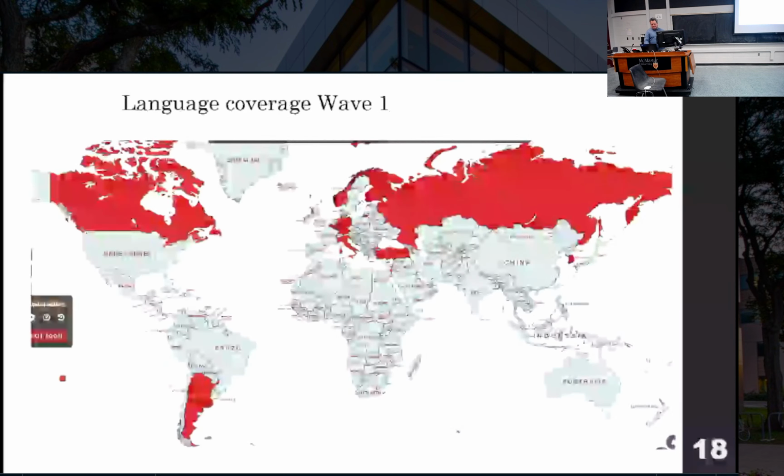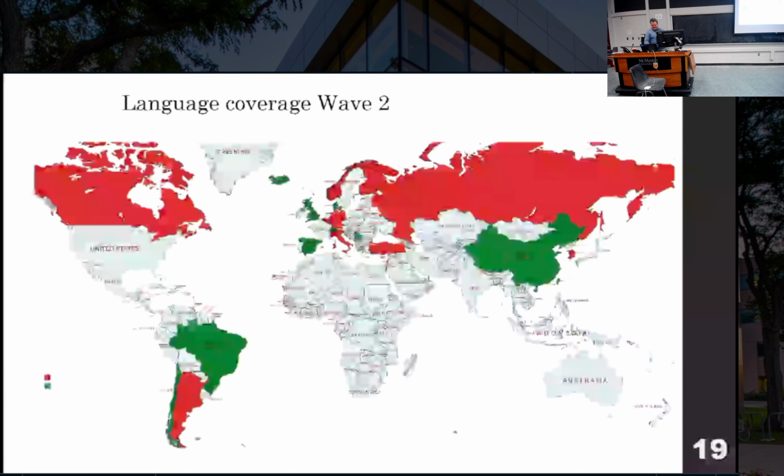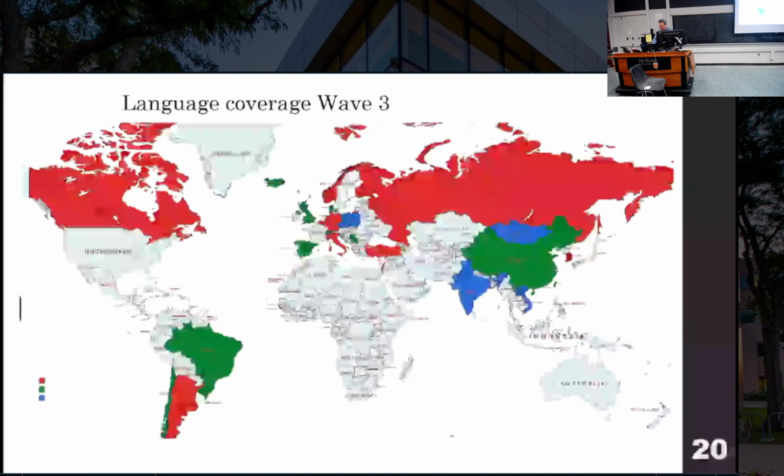So the first wave of MECO covered 13 countries, and then the second wave that we're working with now, we'll submit these papers very soon, expanded this a fair bit. And there's a third wave coming very soon, which adds even more countries. So in a nutshell, we're looking at a whole bunch of European languages, not necessarily Indo-European, but coming from different linguistic families, including, say, Finnish.